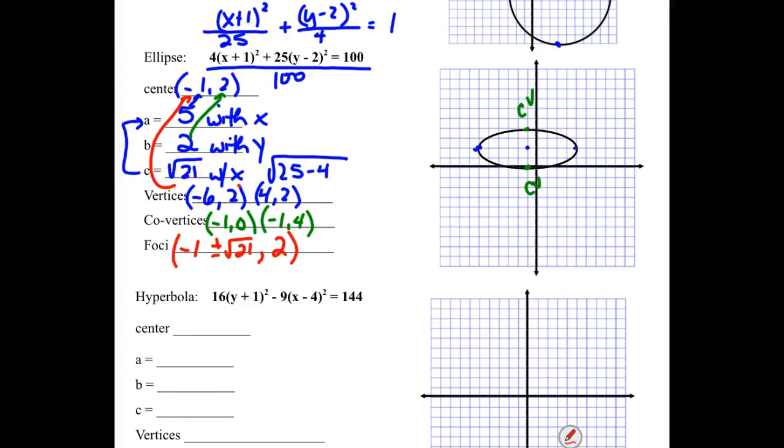What is the square root of 21, roughly? Somewhere between 4 and 5? Okay, so from our center, we're going to go somewhere around, say, 4.5 spaces, right? So our foci are real close to our vertices. All right, questions on the ellipse?